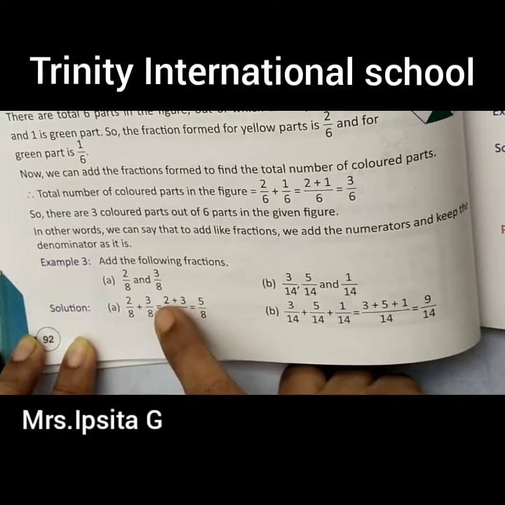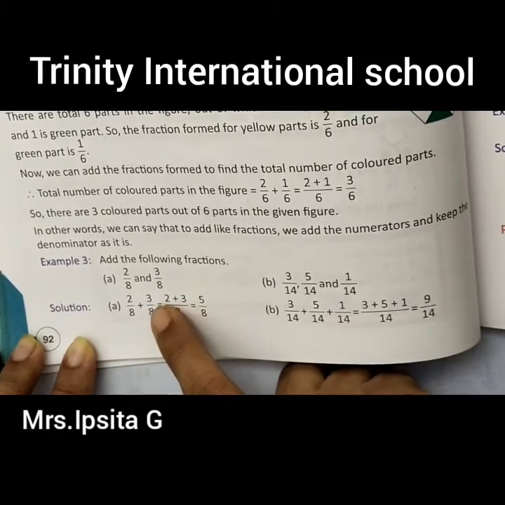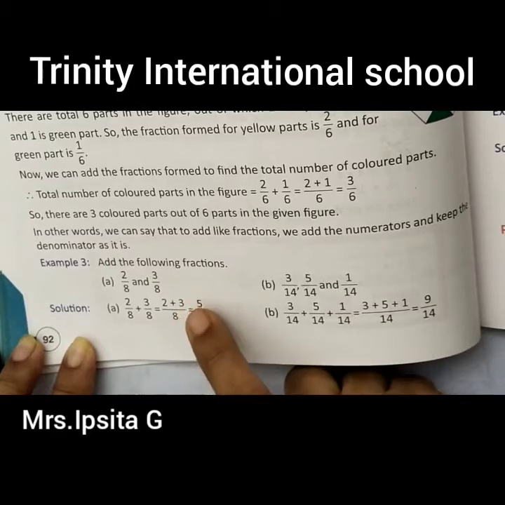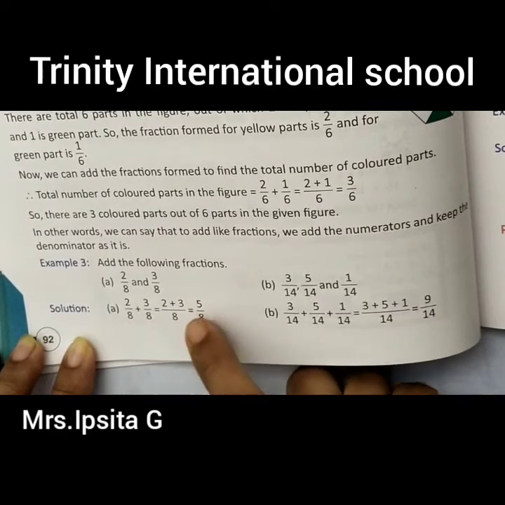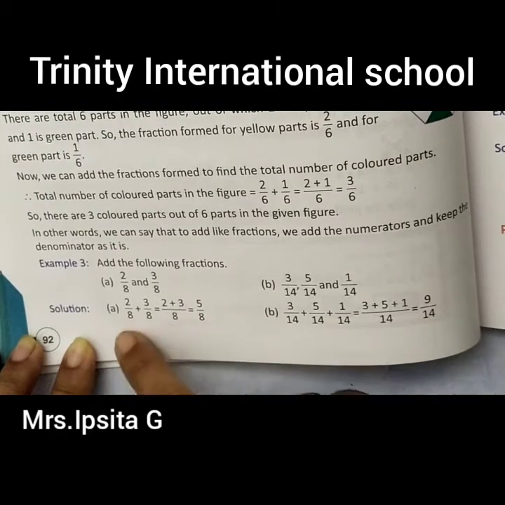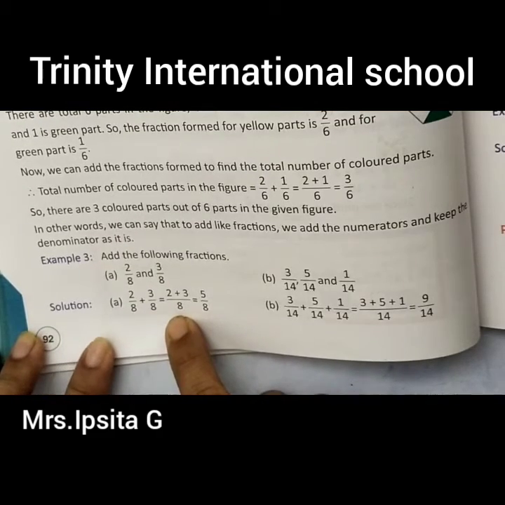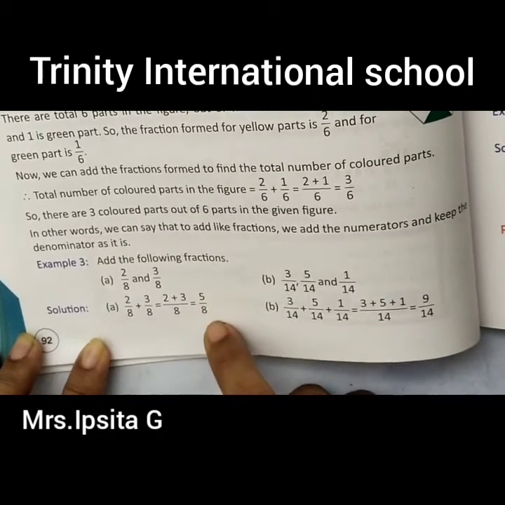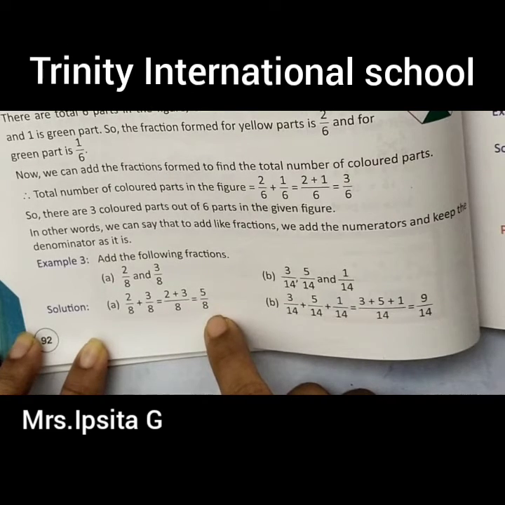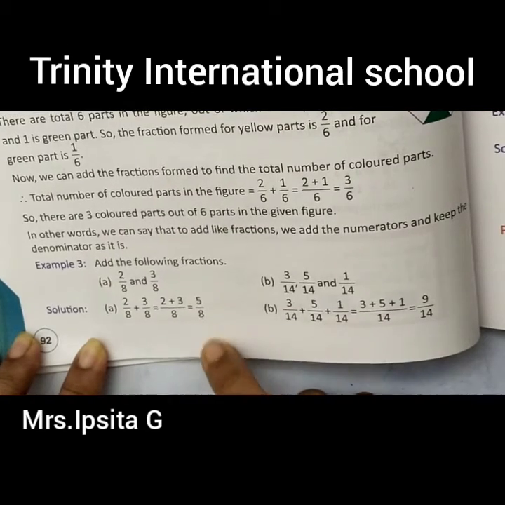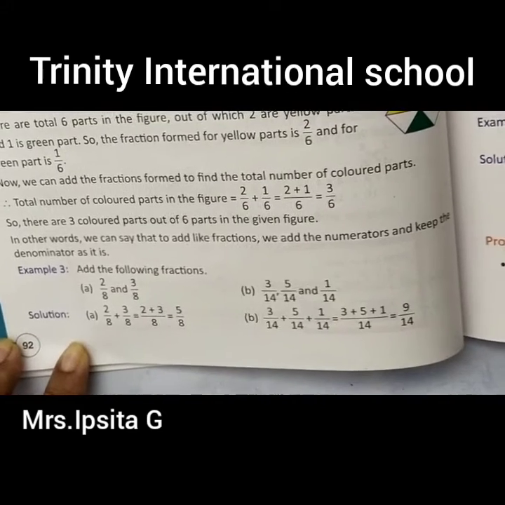So you have to add the numerator. आपको दोनों न्यूमरेटर को ऐड करना है और डिनोमिनेटर को जो कॉमन 8 है वो एक बार ही आपको यहाँ लिखना है, तो आपका आंसर आता है 5 upon 8. So this is how you do the addition of fractions.